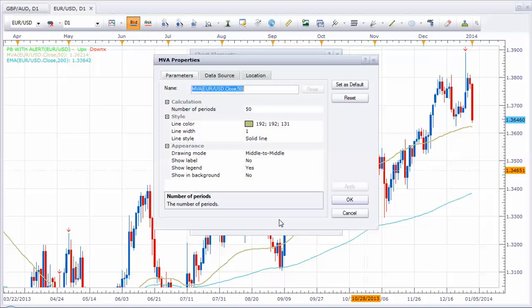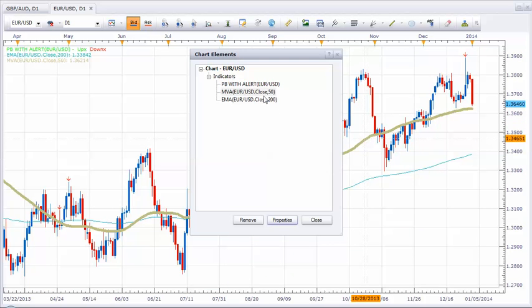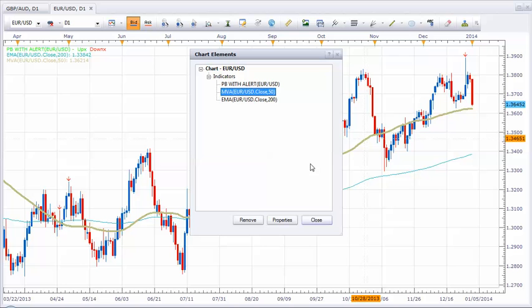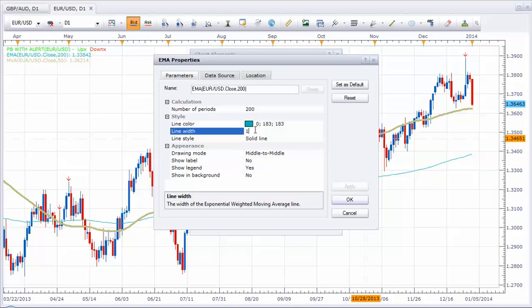Modify the properties. Probably a little too much. I like to make these lines a little thicker. There we go. The same for the 200. Change the line width to 3.